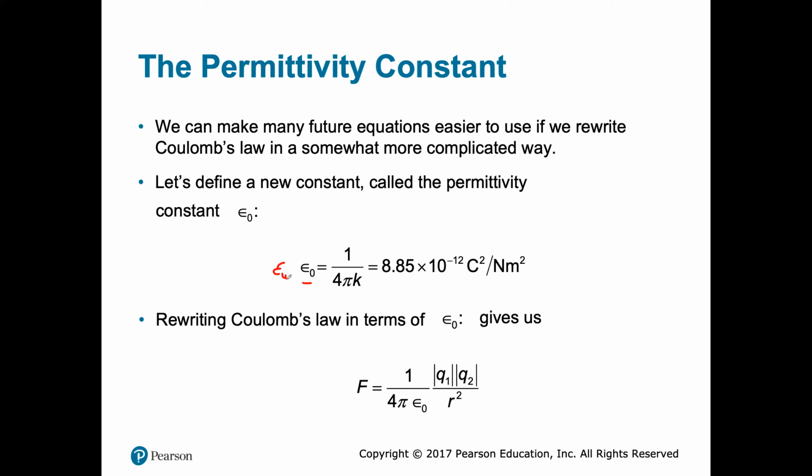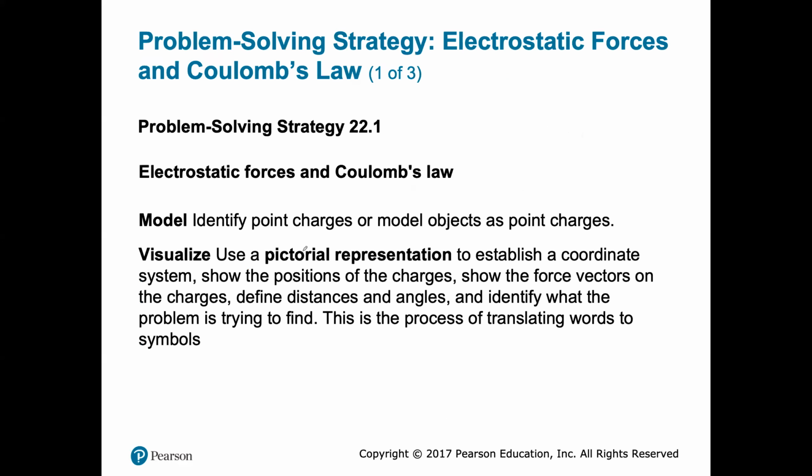Let's say epsilon W, indicating the epsilon in water. So you will use epsilon water to calculate the force based on Coulomb's law in water. But here, by default, we're talking about the forces in vacuum or in the air. Then you can use epsilon 0.